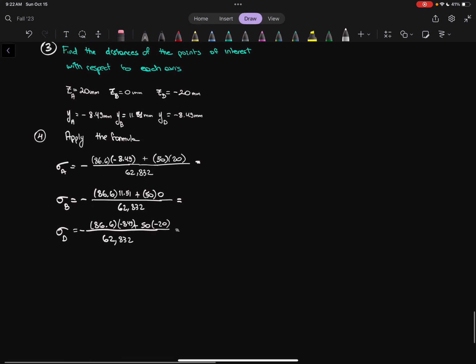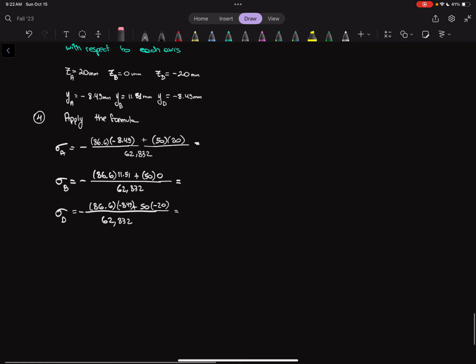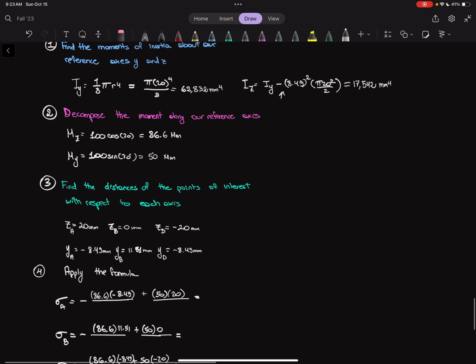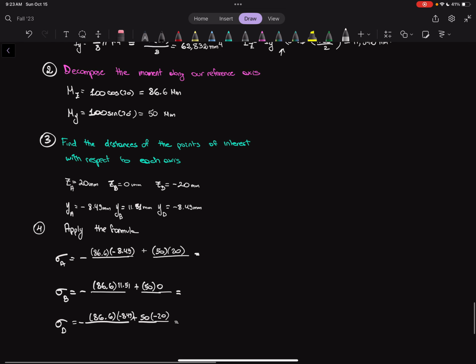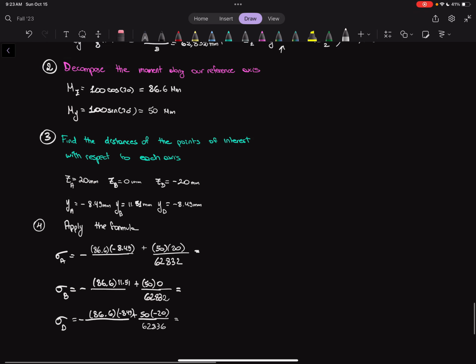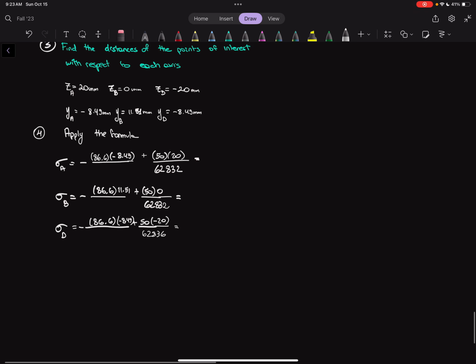So I apologize for the confusion there. So we cannot do this. We need to divide by different denominators. So the I sub y is 62832. The I sub z is 17,542.